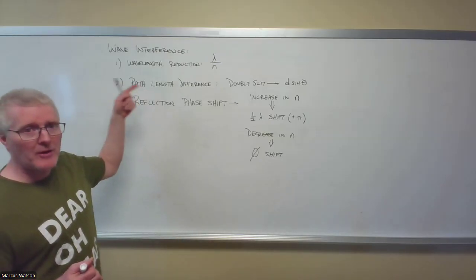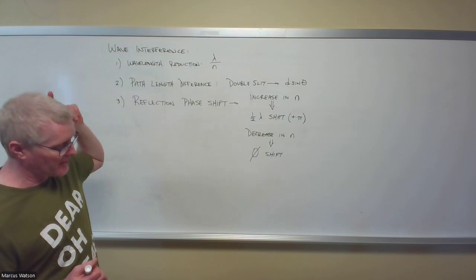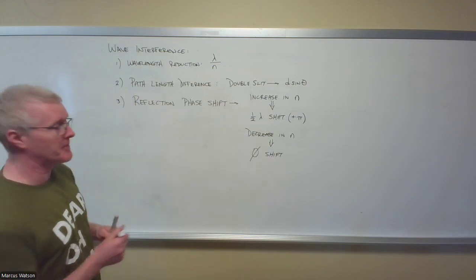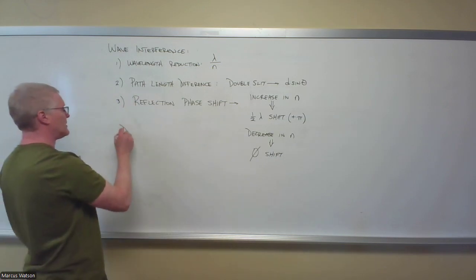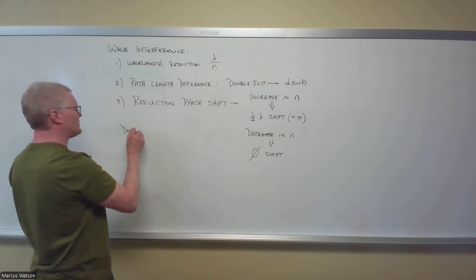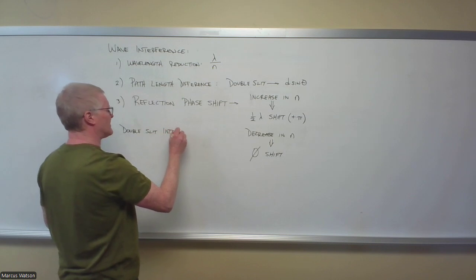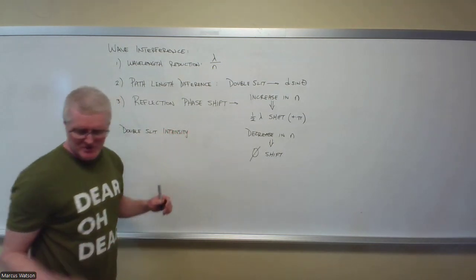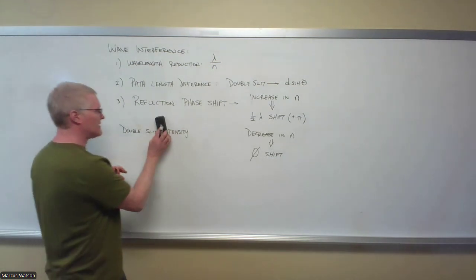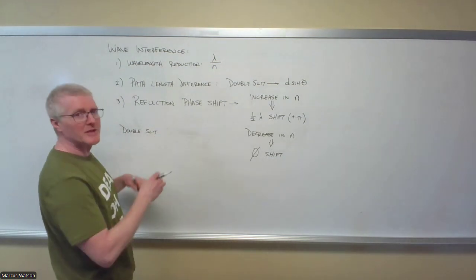We did talk about intensity in the double slit experiment. And I can go back and revisit that a little bit. Double slit intensity. Now I should be a little more careful with this. It's really the fringe intensity.